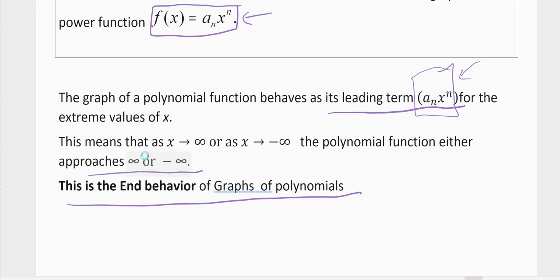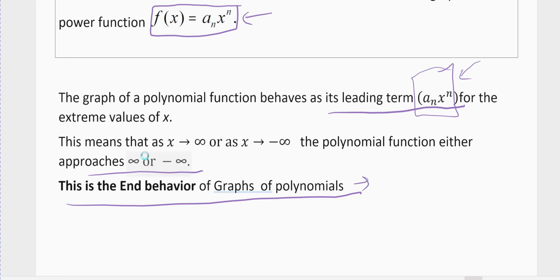When I plug in really big positive numbers, do they stay positive or do they go negative? If I plug in really big negative numbers, do they go positive or negative? All I have to do is look at my leading term to figure that out.